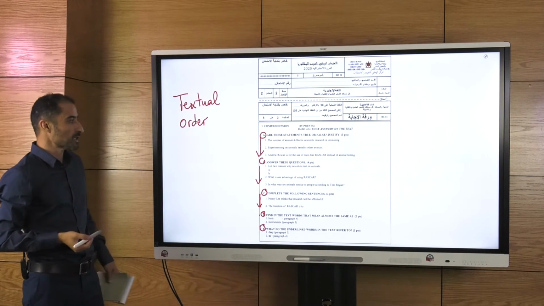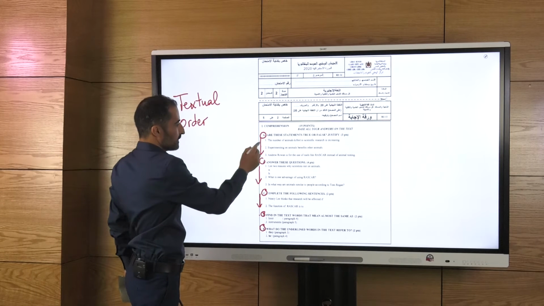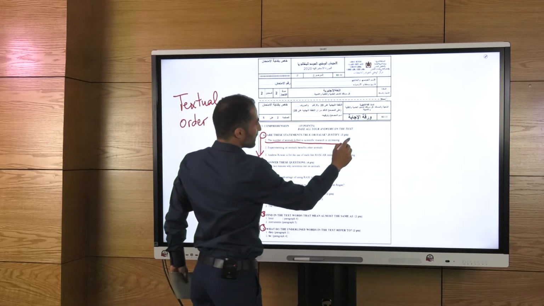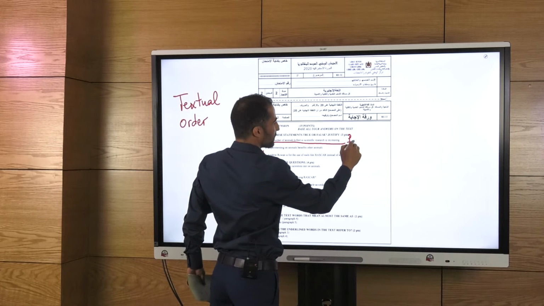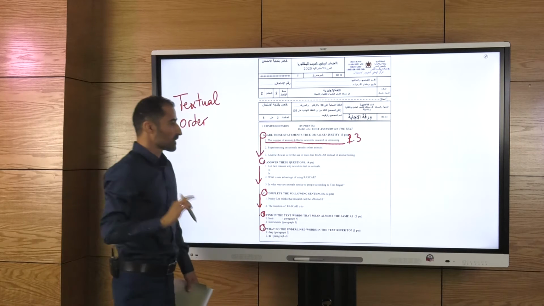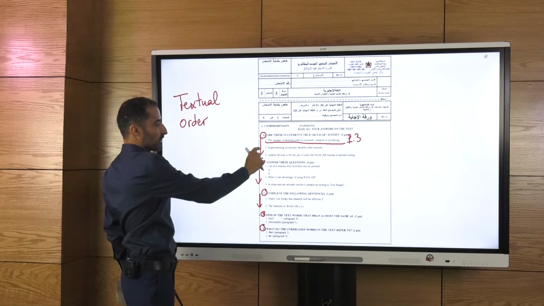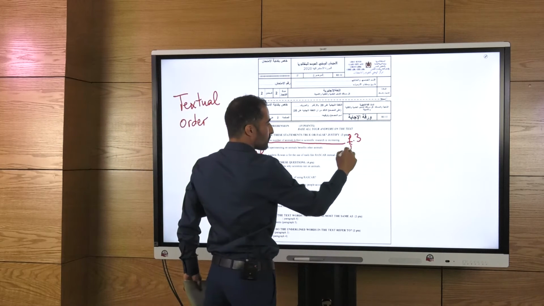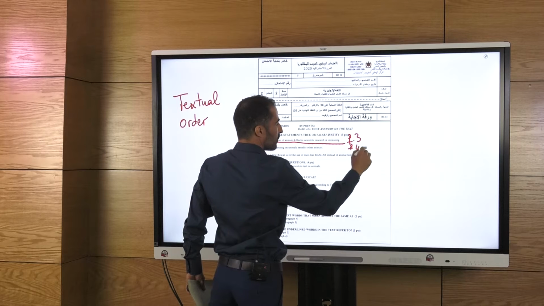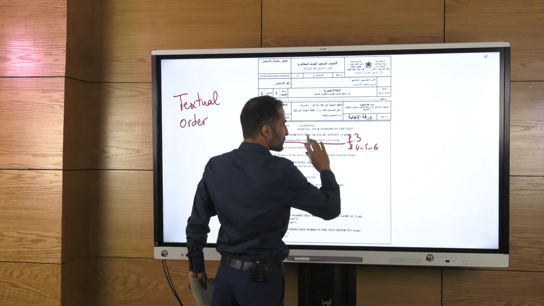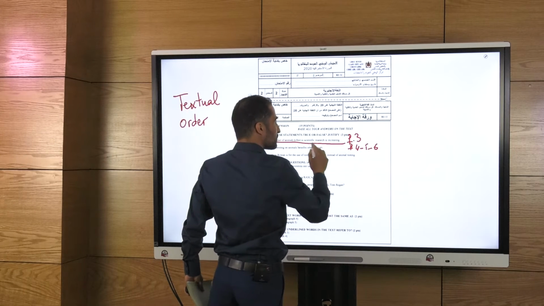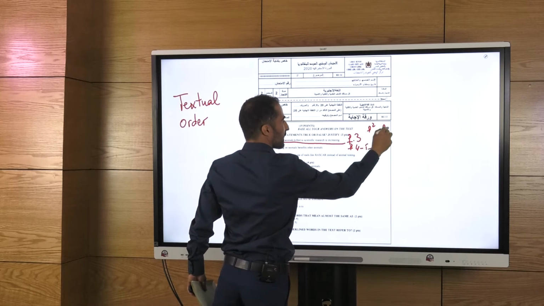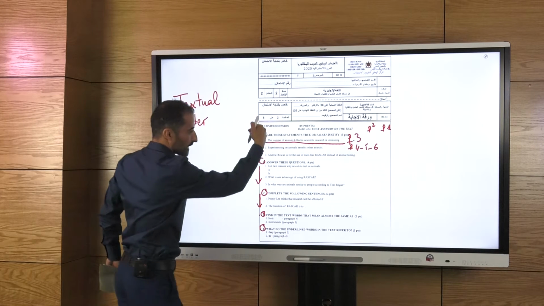Suppose, for example, that you are going to find the justification of this sentence in paragraph number 3. It's for sure that the justification of sentence number 2 is going to be either in paragraph 4 or 5 or 6. So no need to go back and search for the answer in paragraph 2 or paragraph 1, because it all follows a kind of order.